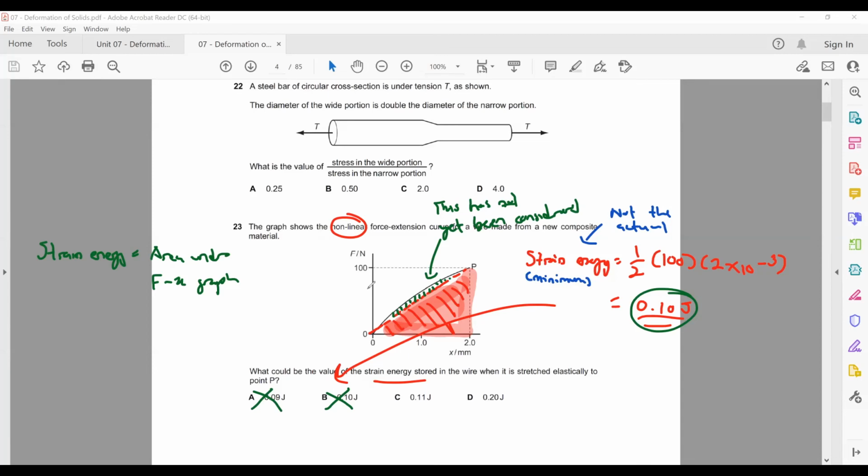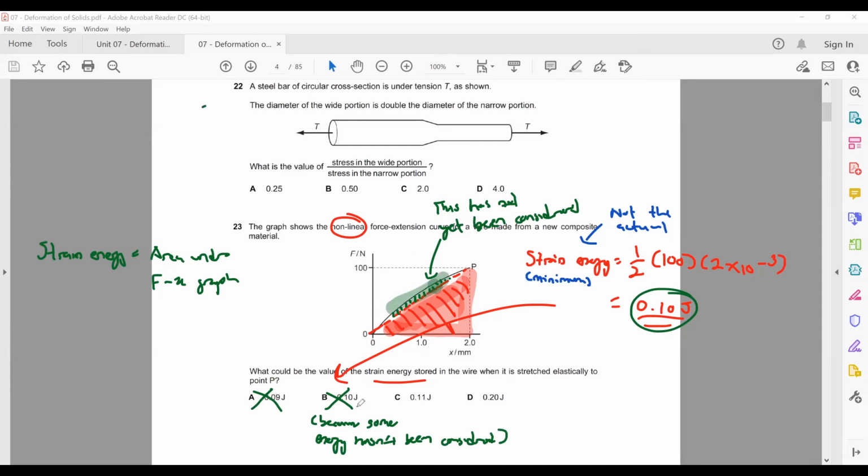This one is out also, definitely. I'll say that this is wrong because some energy still hasn't been considered, which is actually this green part here.